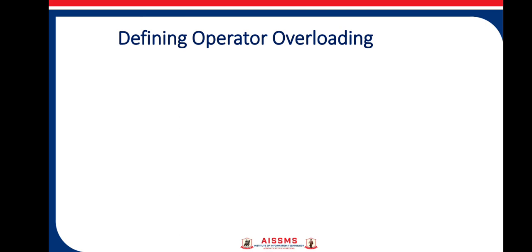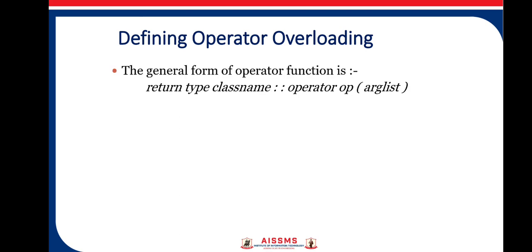So how to define operator overloading? The general form, or the syntax you can say, is return type, class name, then scope resolution operator. Then operator is a keyword which we have to use. Here OP is the operator which we want to overload, and the list of arguments if we have any to this function, and opening and closing bracket with the function body.